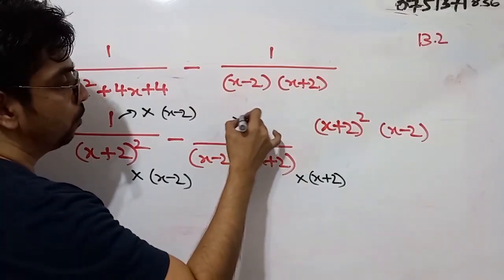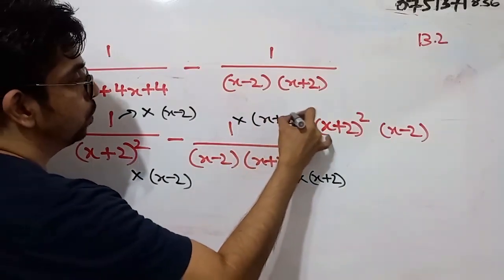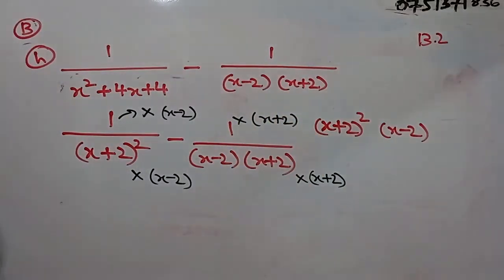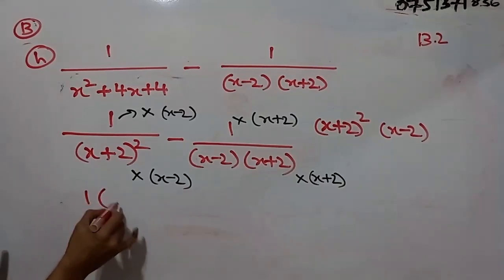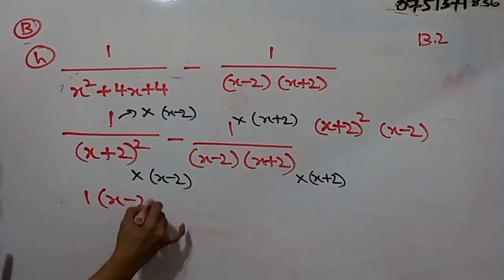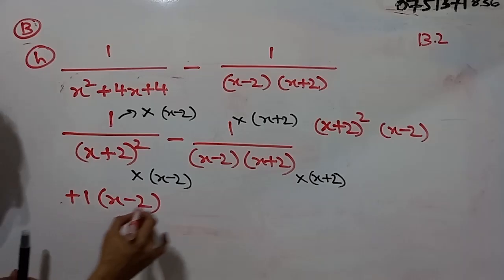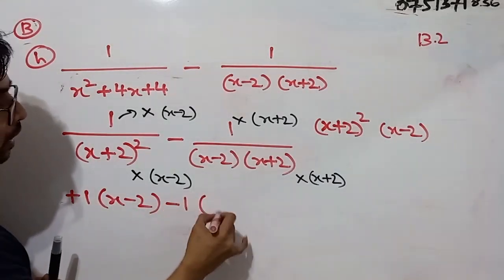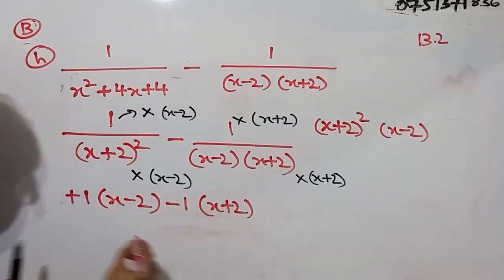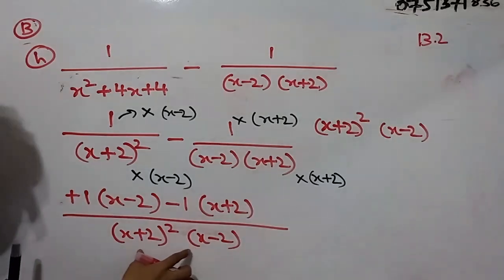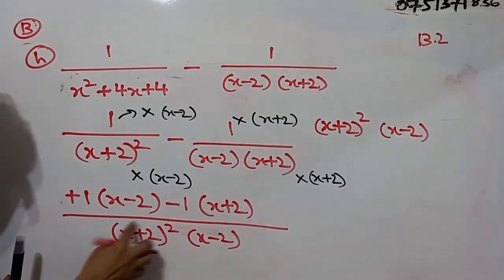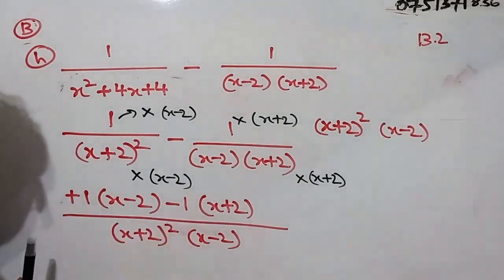So we need to multiply 1 by x plus 2 as well. Okay. So that means we have 1 into x minus 2. This is positive, minus 1 into x plus 2. Right. Then the entire expression needs to be divided by x plus 2 entire thing squared and x minus 2.